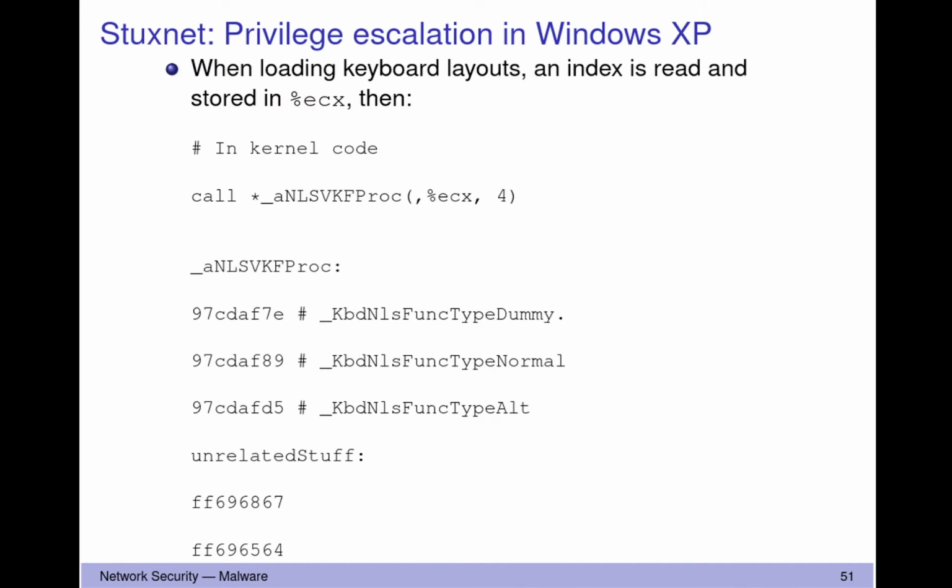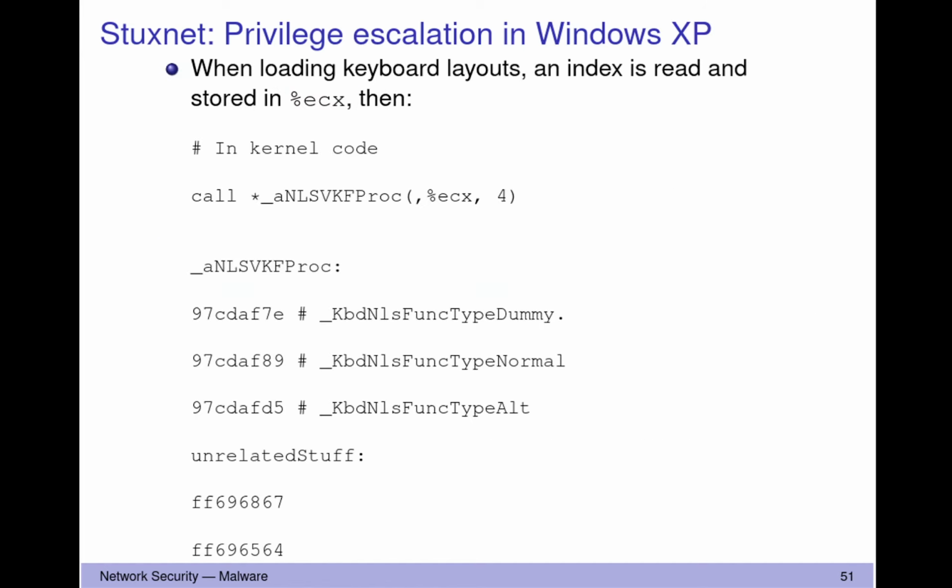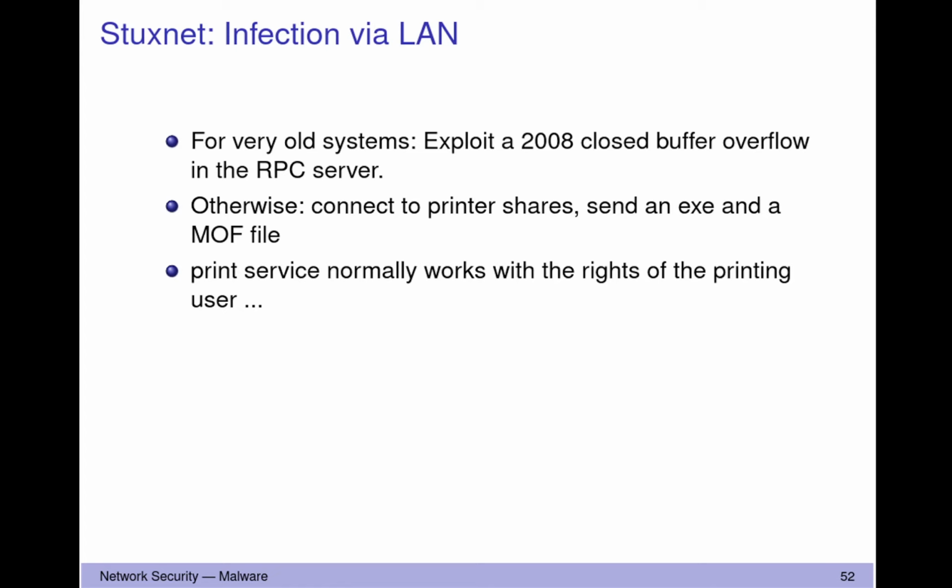Okay, step number 3. I mean, this was Windows Vista, 7, and in Windows XP. Let's see, do we go into detail? No, we don't go into detail. So very similar but different.